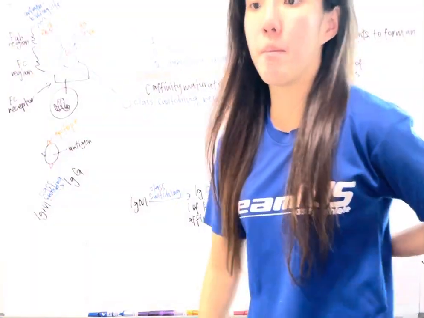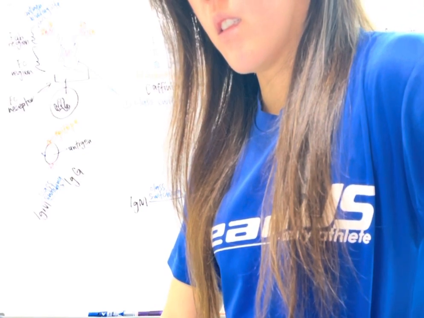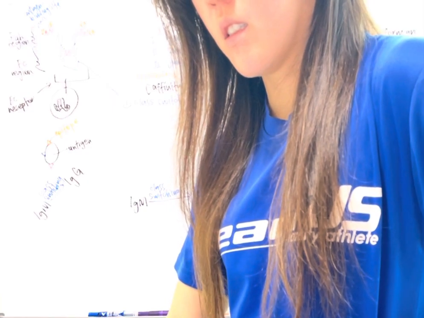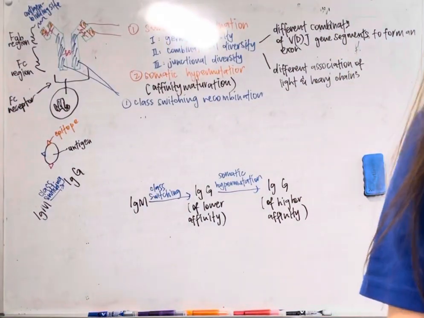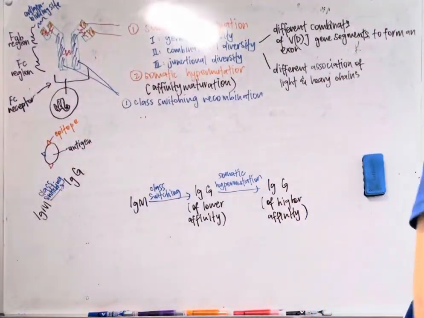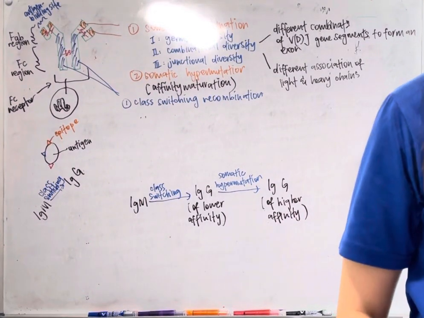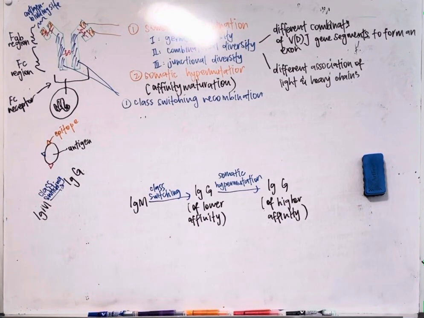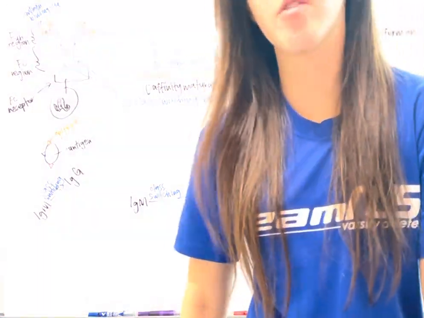It's not G becomes M. Usually the concentration of this one is also lower, since this is usually part of your primary immune response.